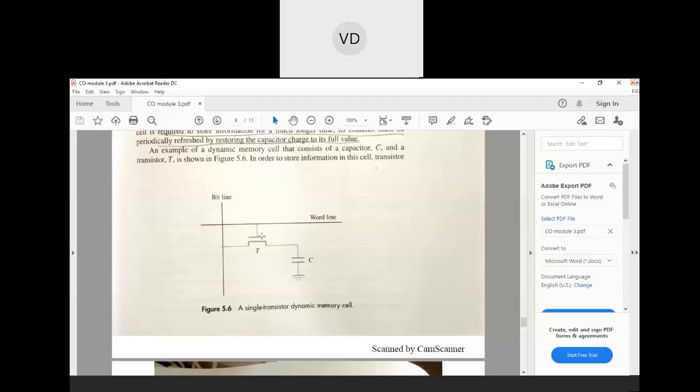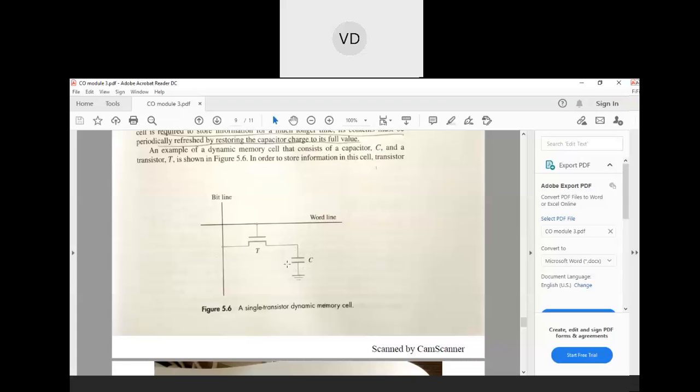Now when this transistor is turned off, what will happen? Slowly the charge on this capacitor will start to discharge. How will it discharge? Because the capacitor has its own charge leakage capability.